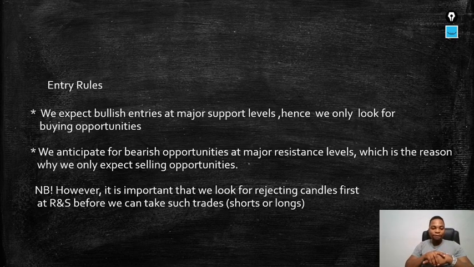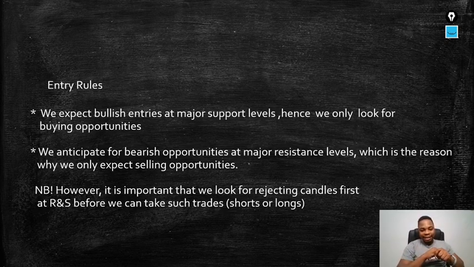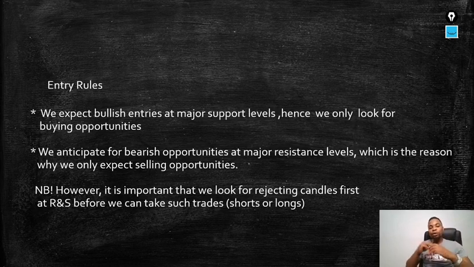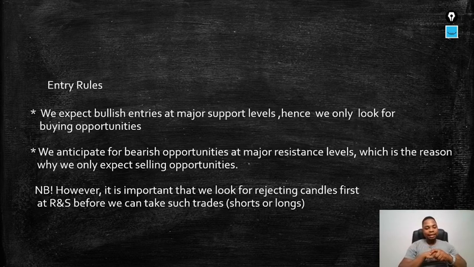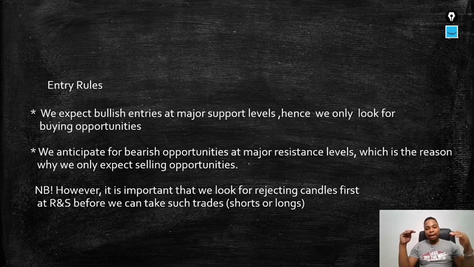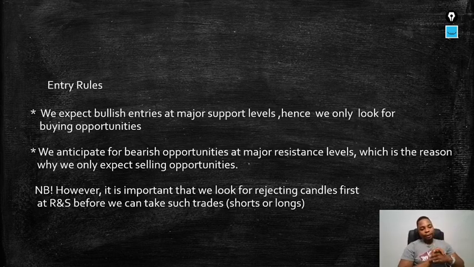And we anticipate bearish opportunities at major resistance levels, which is the reason why we only expect selling opportunities when we are at a major resistance level. The only thing that we are looking for is selling opportunities, because our price is at its highest level, as I've shown you in the demonstration that I did. When you are at the highest resistance level, the only thing that makes sense is to look for selling opportunities.